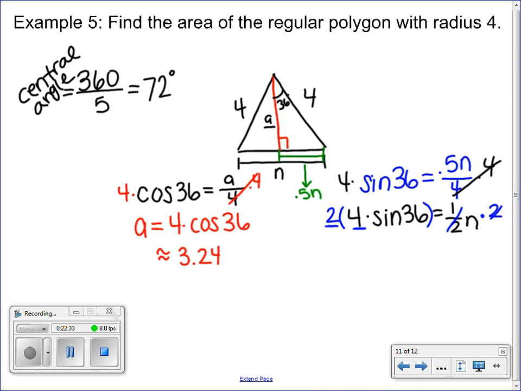This 2 only multiplies with the 4, and 2 times 4 is 8. 8 sine 36 equal to the n. Again, when you type it into your calculator, round it to the nearest hundredth, and I get 4.7. If you have to bump it up, you can leave it as 4.7.